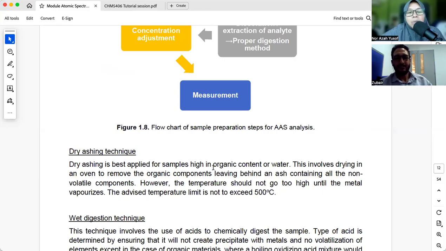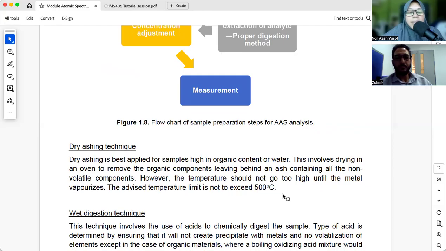So at least the organic content will be destroyed, but the metal stays there, right? It is advised that the temperature should not go beyond 500, because then the metal might be oxidized. We don't want the nature of the metal to be compromised.